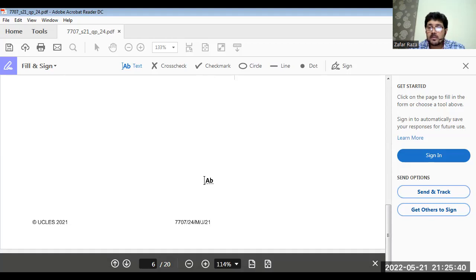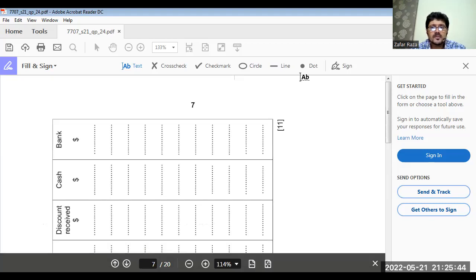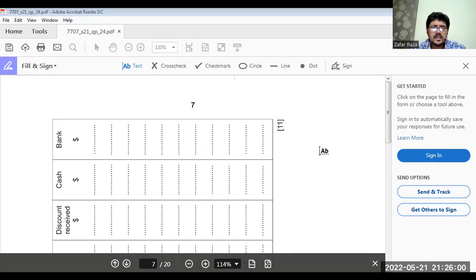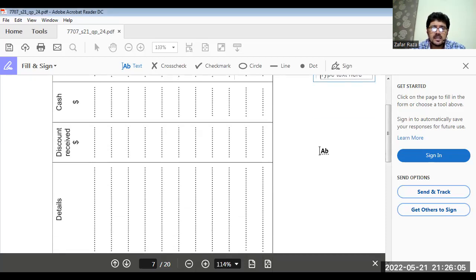Okay. Now the problem is this cash book is given in horizontal way.